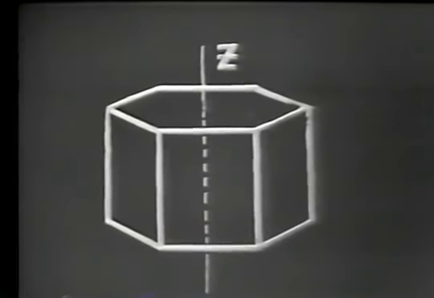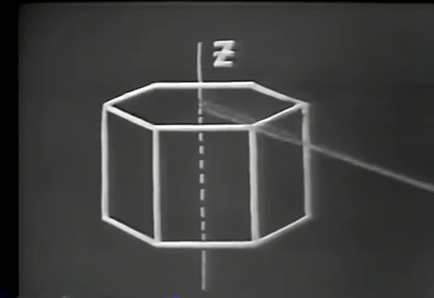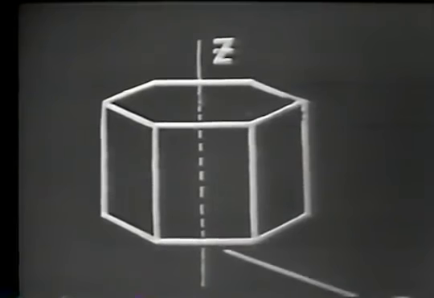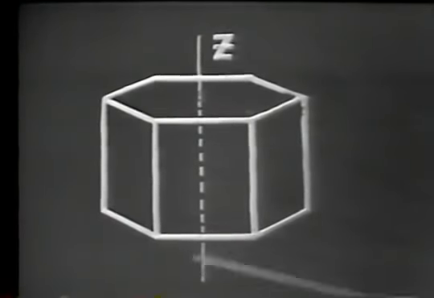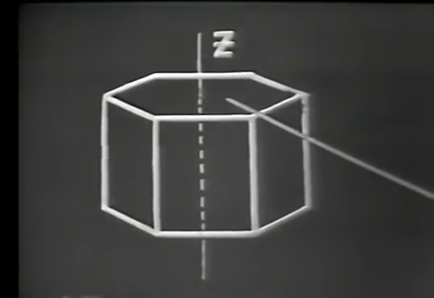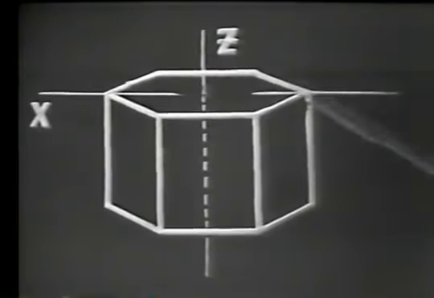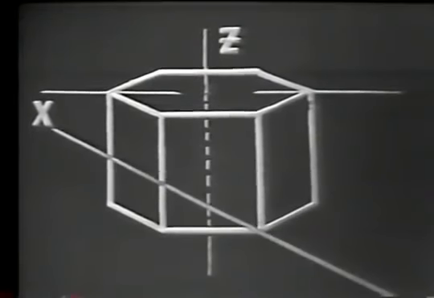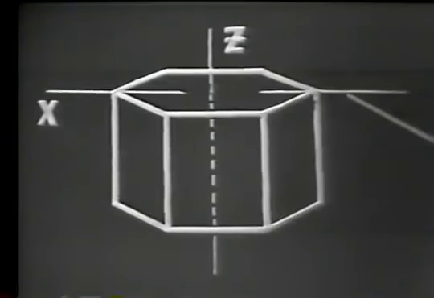The axis passing from point to point, or end to end, and directly through the crystal is known as the z-axis. Remember, from end to end, directly through the center. The axis passing through the corners of the crystals is known as the x-axis. Remember, it goes through the corners.